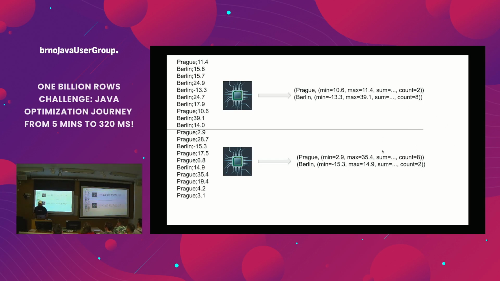I will aggregate the results from each CPU, and that should be just a few rows, because we said the official testing set has just 400 stations and 1 billion rows. So if I split this into 2 CPU cores, then this CPU will have to process 500 million rows, but the output will be only 400 lines.